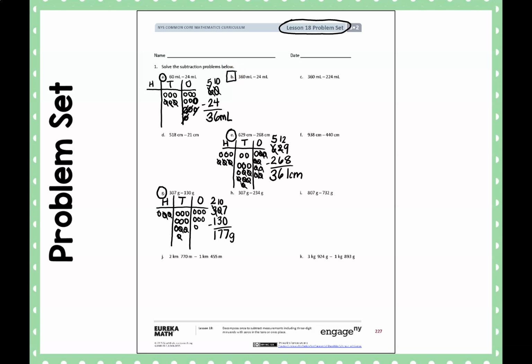So I want you doing B, C, D, F, and I. If you don't have enough space, you can always use a blank sheet of paper to show your work. Okay, use the problems we did together to help you on the ones we put a box around. You guys will do great.